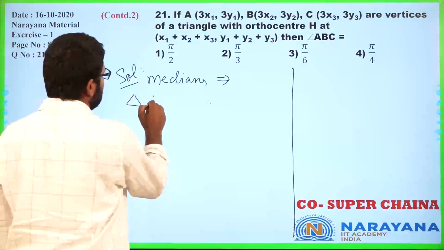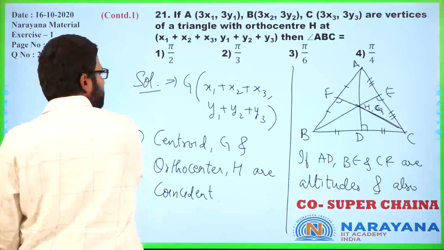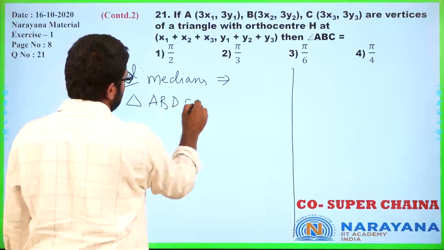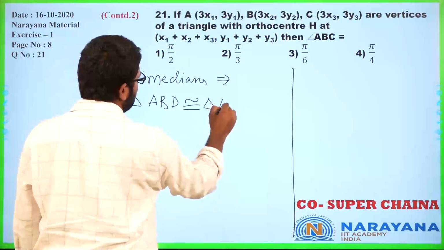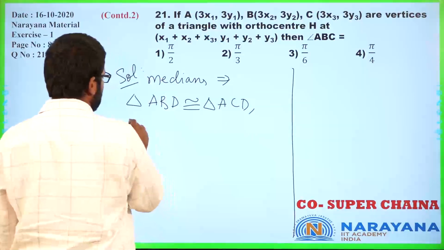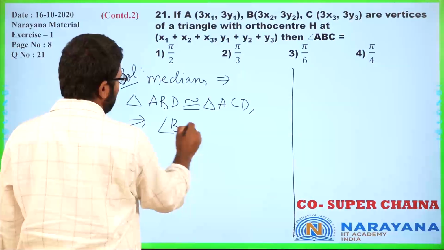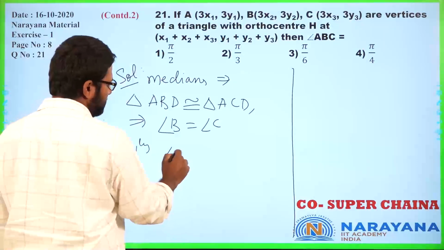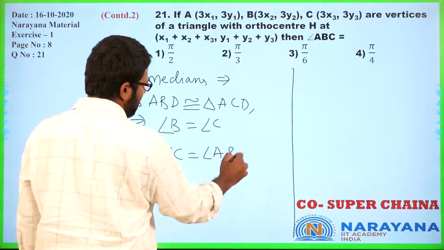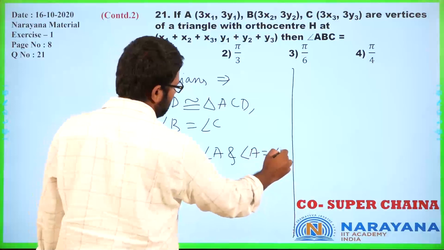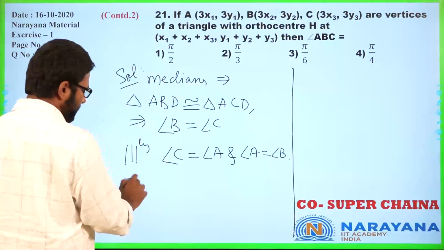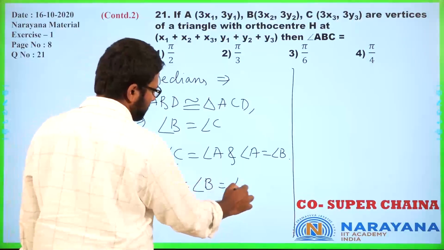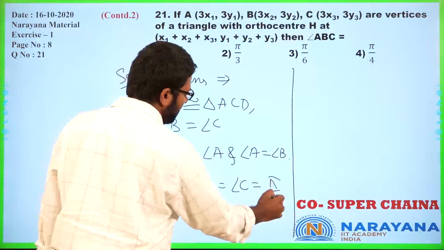Triangle ABD is congruent to triangle ACD, which means angle B equals angle C. Similarly, angle C equals angle A and angle A equals angle B, which means all the angles are equal to pi by 3.